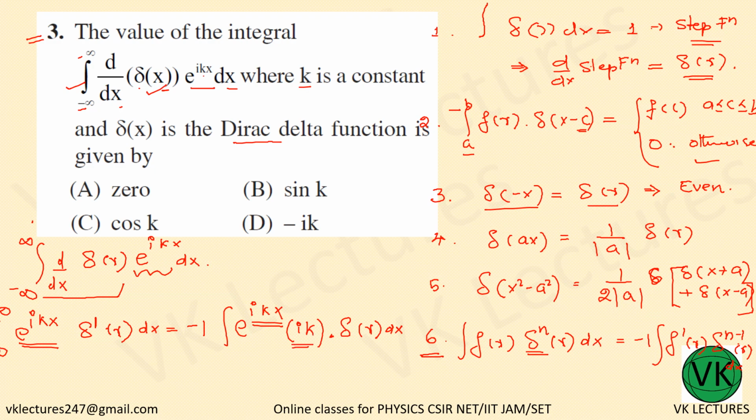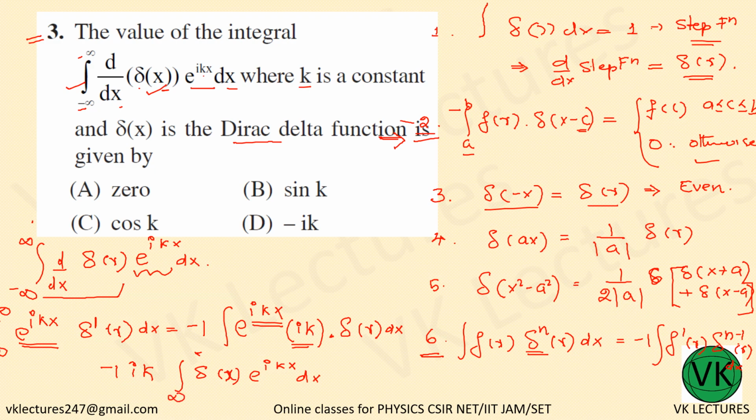Now bring this ik outside. So what we have is minus 1 times ik integral delta of x into e to the power ikx dx. Now go back to our second point. Here we have written the second point, that is integral a to b f of x into delta of x minus c equal to f of c.